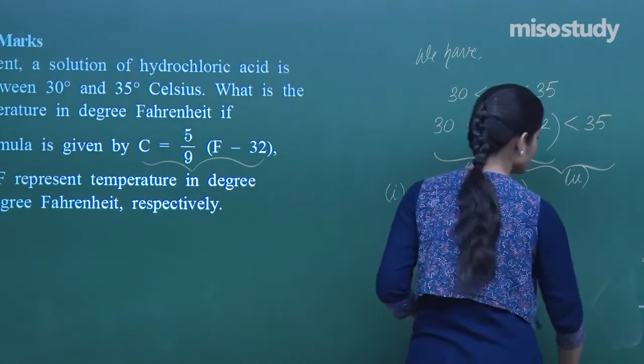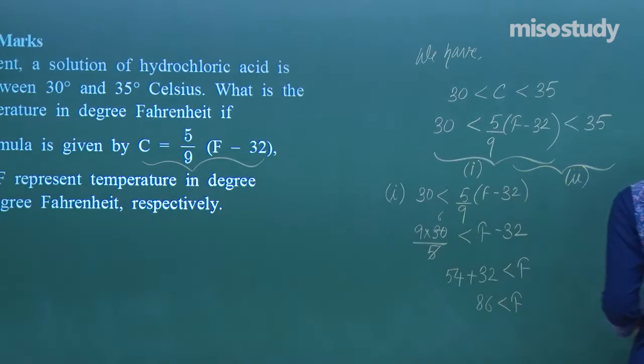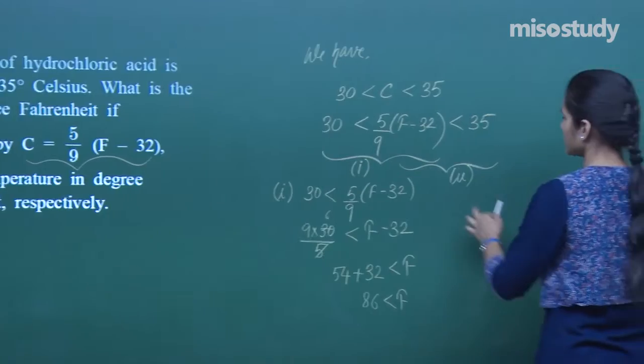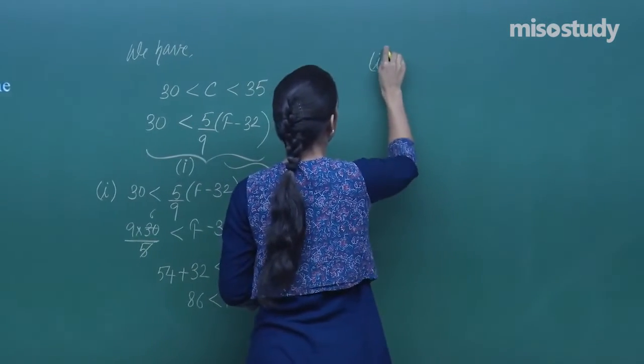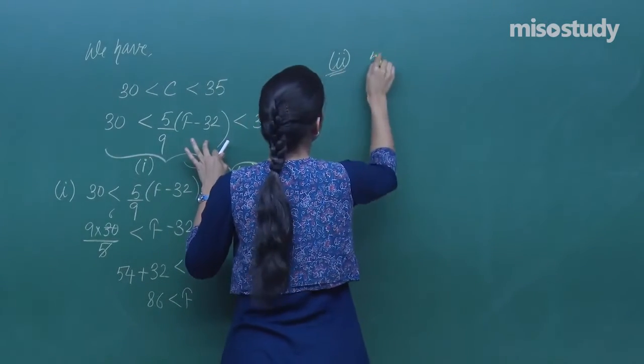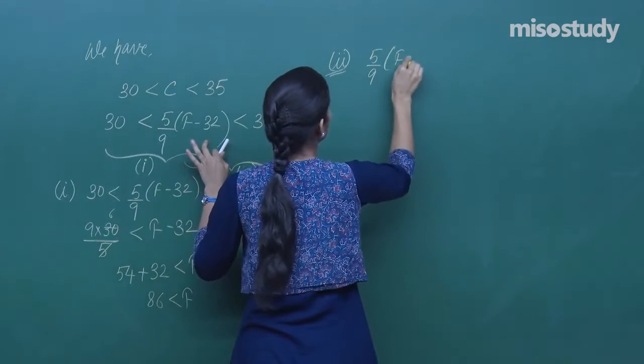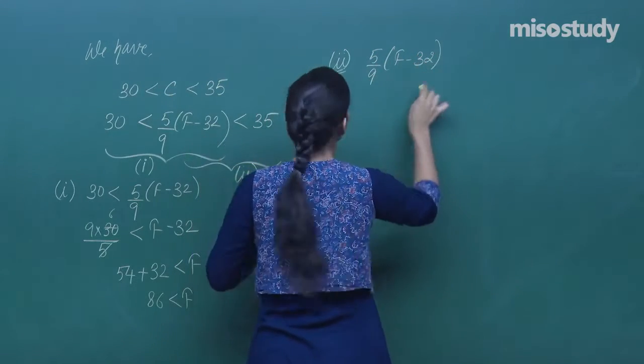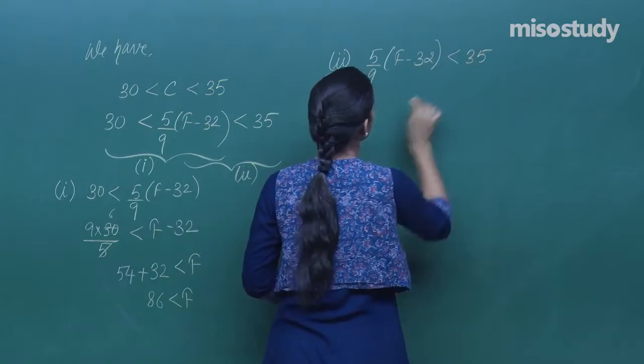One particular part of the inequality has given you this about Fahrenheit. And let's talk about the second. I have 5 by 9 F minus 32 is less than 35.